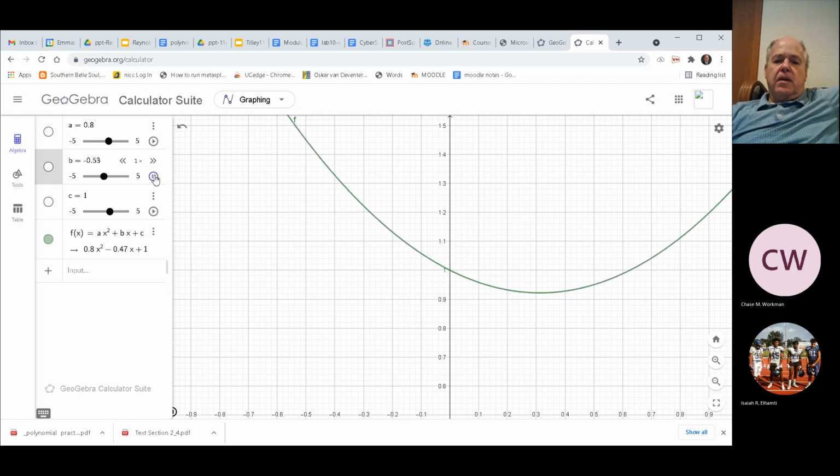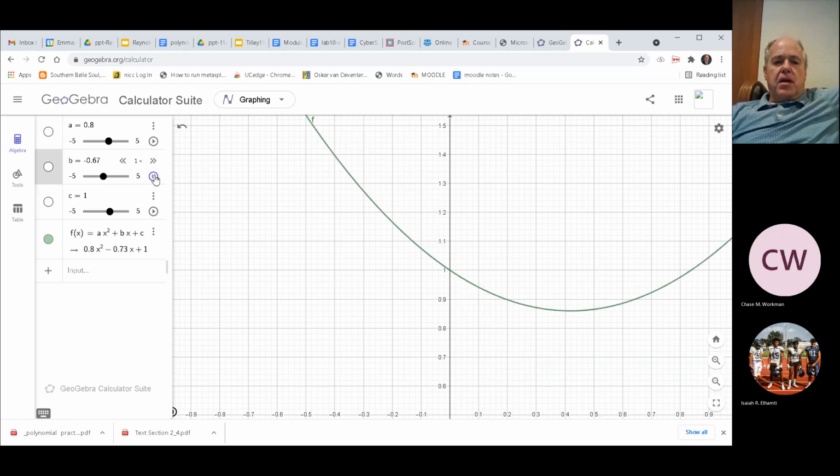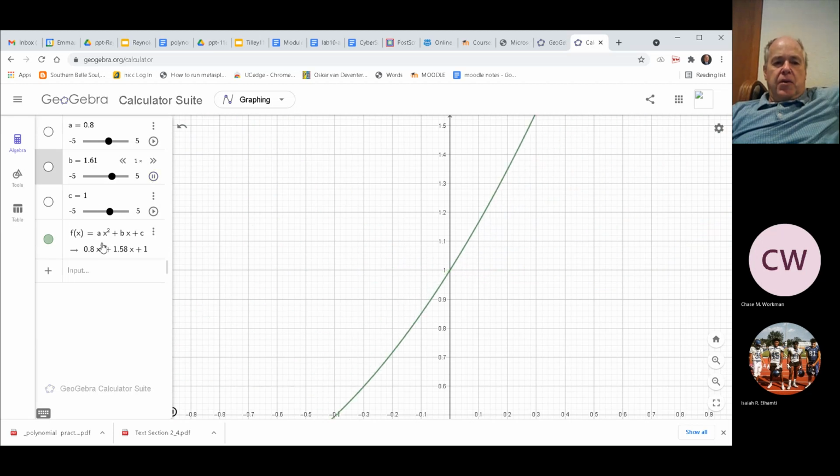Starting to curve, and now starting to look more like a line as I go to -5. So I'm seeing the effect of b on the polynomial a times x squared plus bx plus c. And we'll stop that when b gets around there.